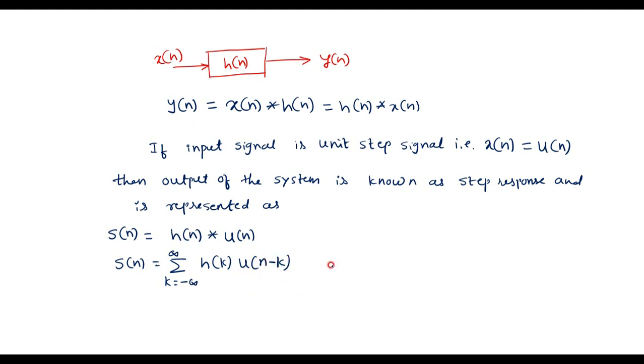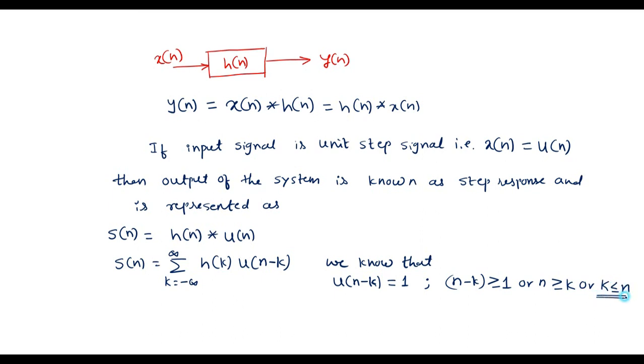We know that u of n minus k is equal to 1 for n minus k greater than or equal to 0, or it can be represented as n is greater than or equal to k, or we can represent it as k is less than or equal to n.